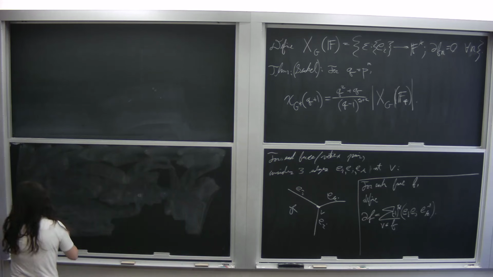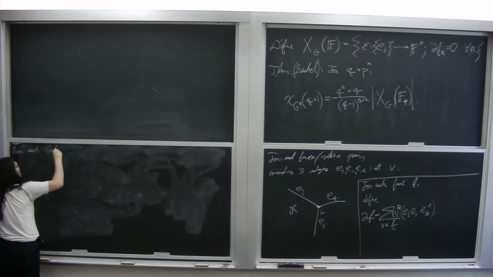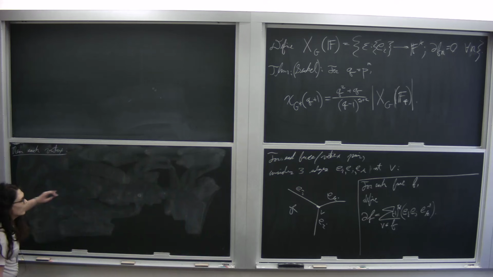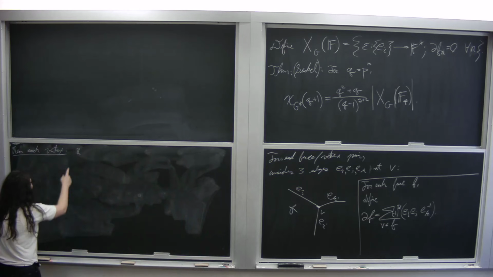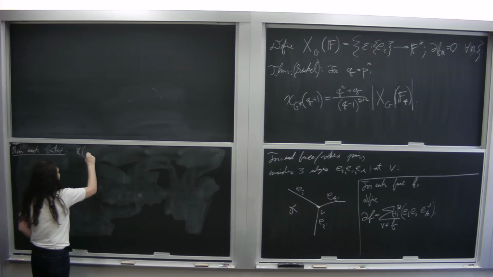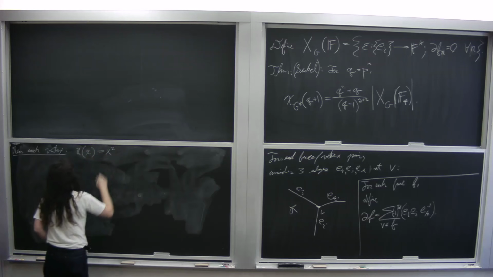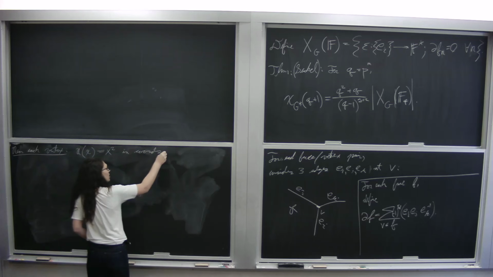And so the basic idea is that near each vertex, we have that U of X is equal to X squared in some coordinates.